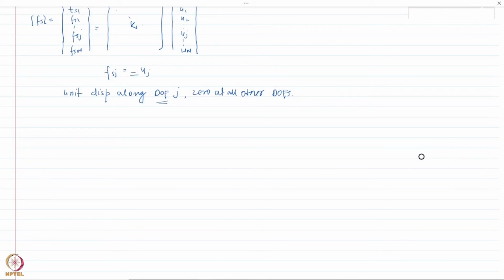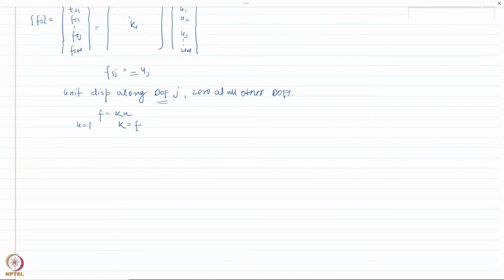Okay. Now, before going further, remember that if we apply a force F on any spring or stiffness component and it deforms by a deformation U, then F equals KU. For unit displacement U equal to 1, this stiffness K is nothing but the force being applied on the system.